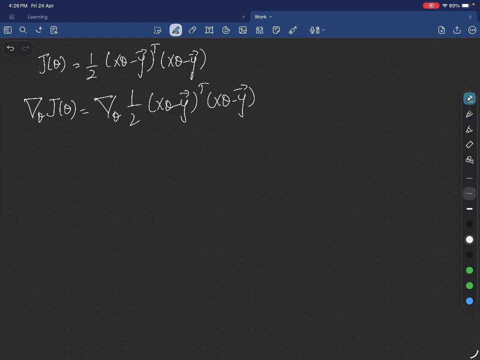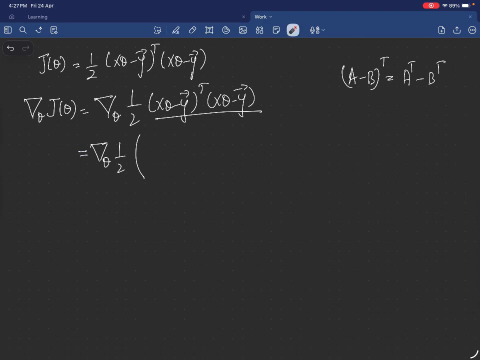So before taking the differential of these terms, we will simplify this a bit. We know that (A minus B) transpose is equal to A transpose minus B transpose. So we can apply this formula here.